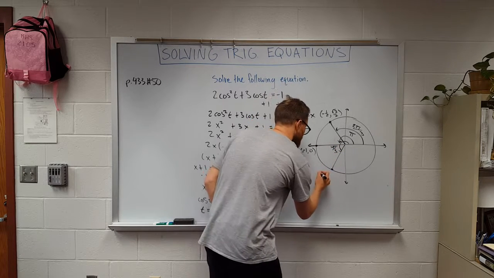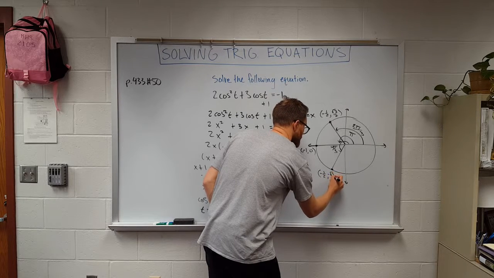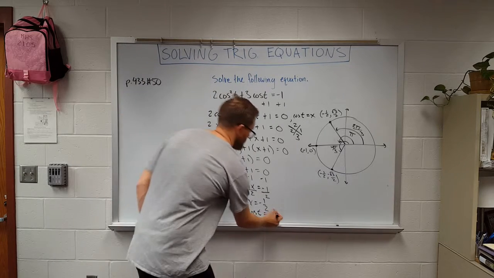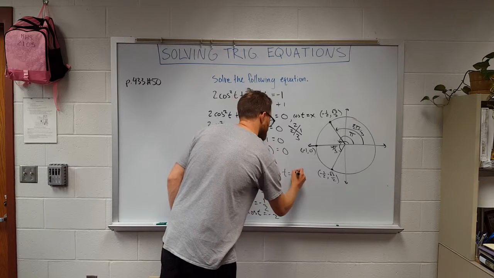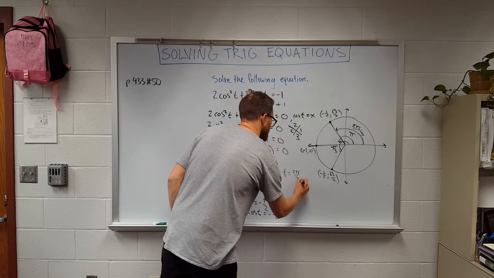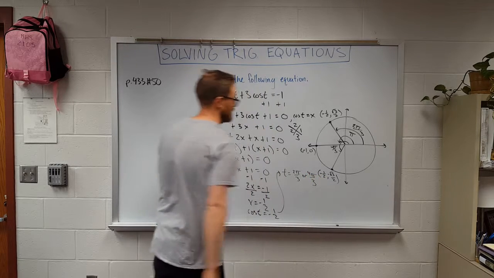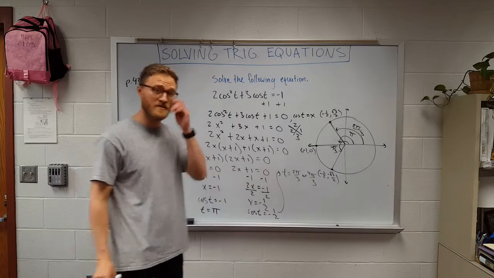Right, and the coordinates of this point are -1/2 and -√3 over 2. So we get t equals 2 pi over 3 or 4 pi over 3. So those are our solutions for the interval from 0 to 2 pi.